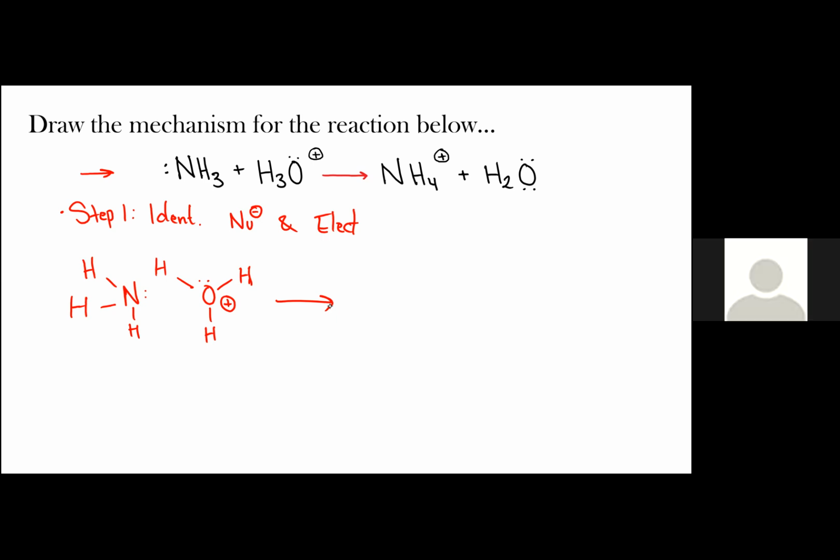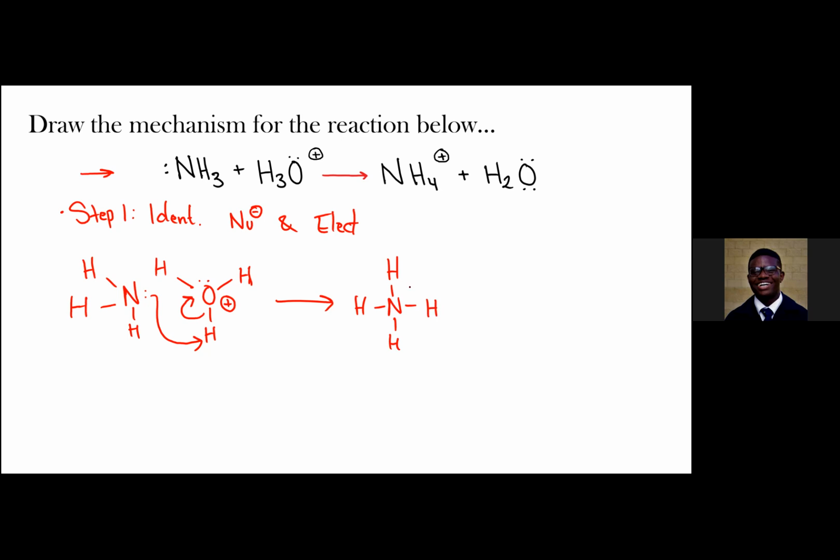Would it be the NH3? Yeah, exactly. Because it's not going to have that positive charge and it has lone pairs to give. So we would draw our curved arrows like that. And then we would need to break this bond because oxygen needs to maintain a full octet. And so our final product would look like this, NH4.